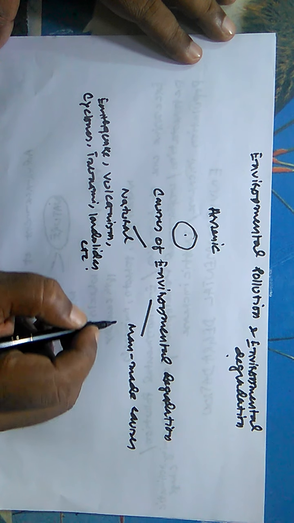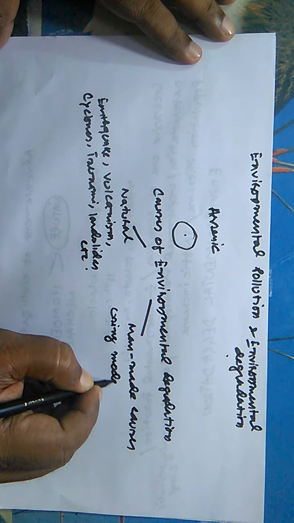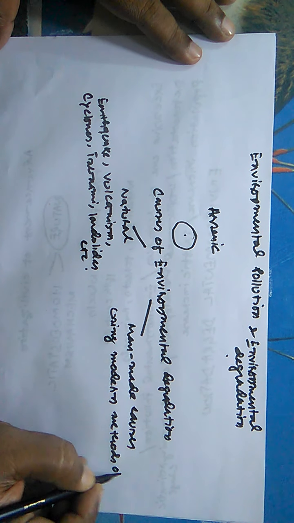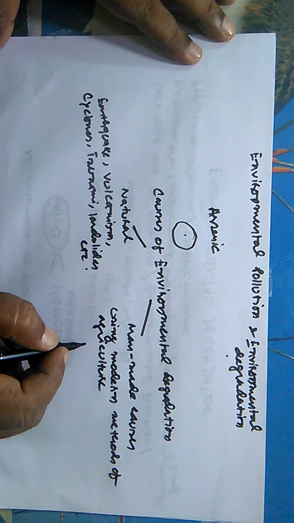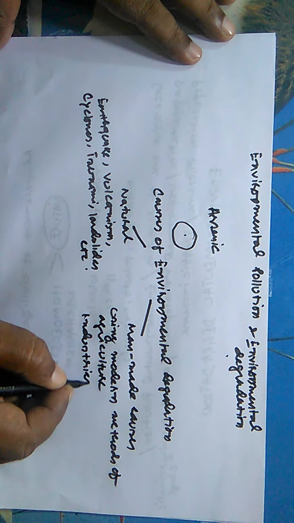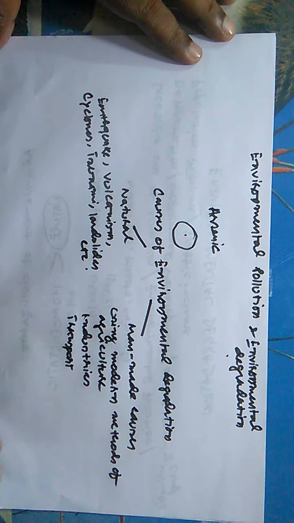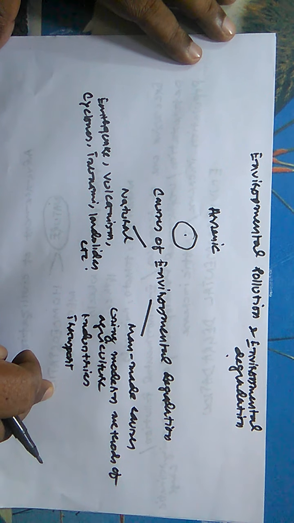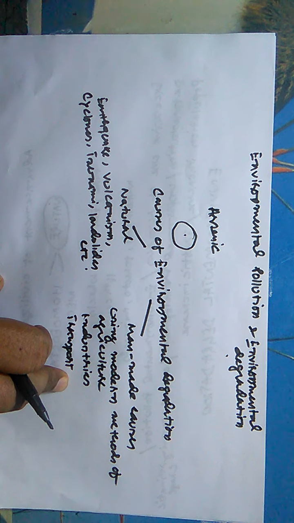Whereas when you talk of the man-made causes, it can be development of agriculture or particularly using modern methods of agriculture. It can be development of industries, development of transport, and other different measures which has been adopted by the human beings, like construction of the cities, unplanned urbanization.